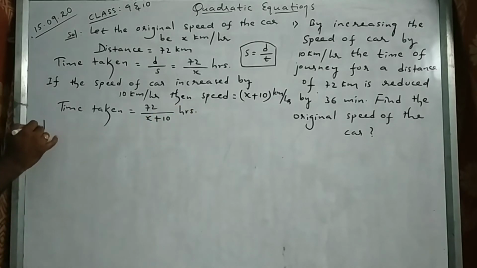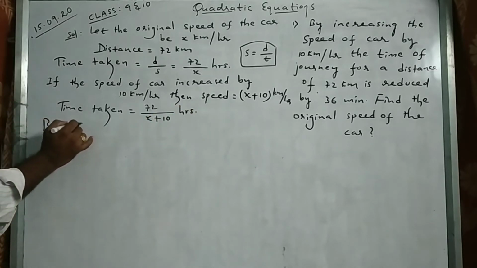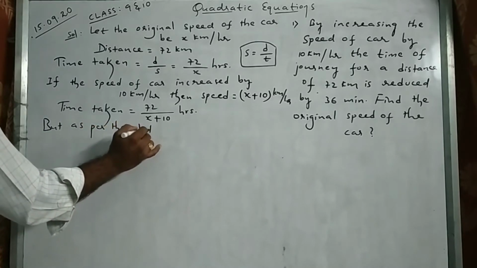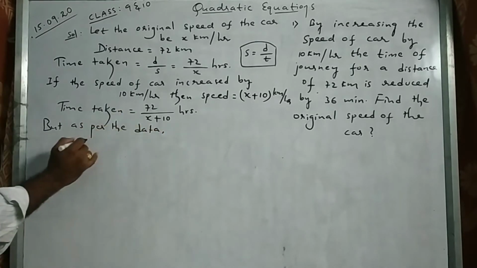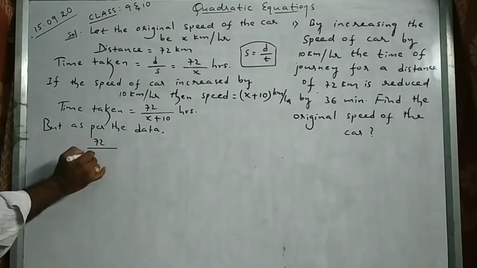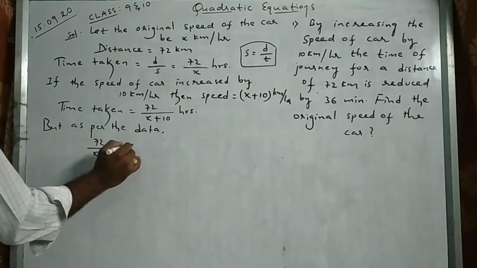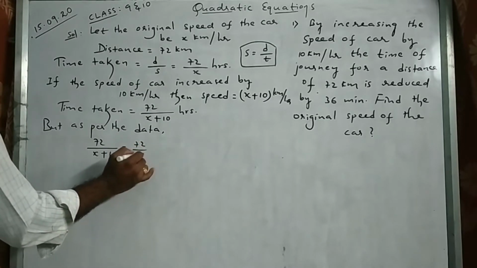Now as per the data, what is the condition here? After increasing the speed, the time is 72 upon x plus 10. Previously the time taken was 72 by x.